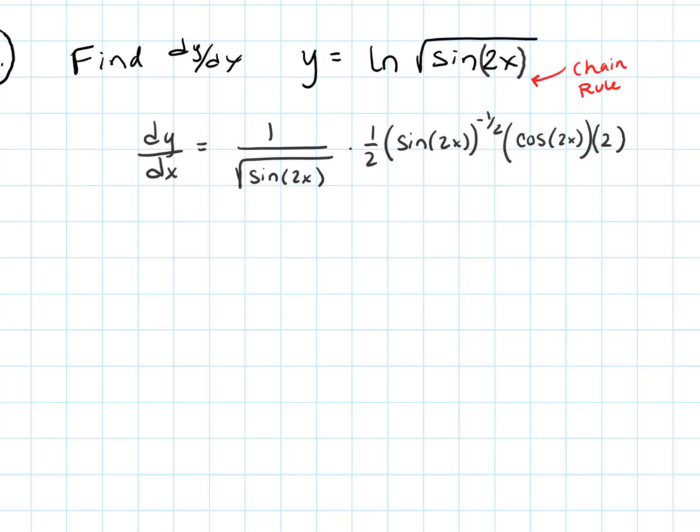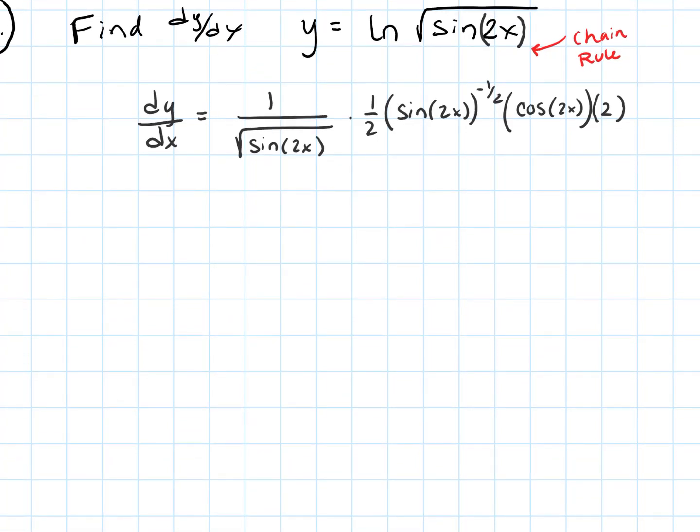Then we keep going and do our simplification now. I see the 2 and the 1/2 are going to cancel, and we've got 1 over the square root of the sine of 2x times another 1 over the square root of the sine of 2x, coming out of that negative 1/2 dropping down.